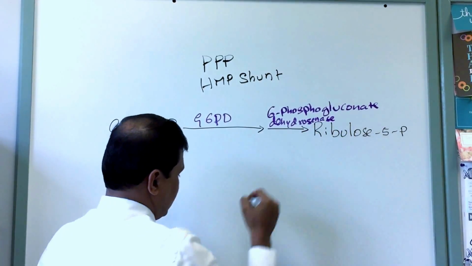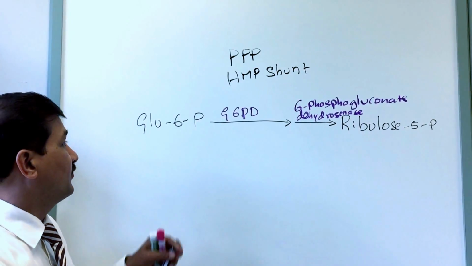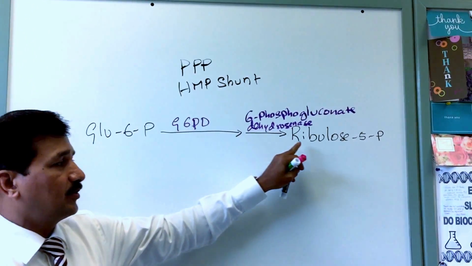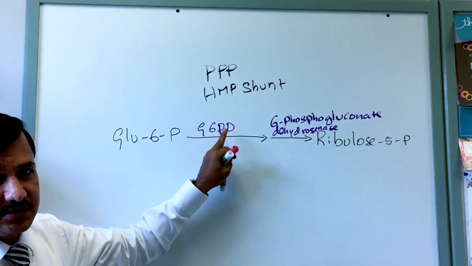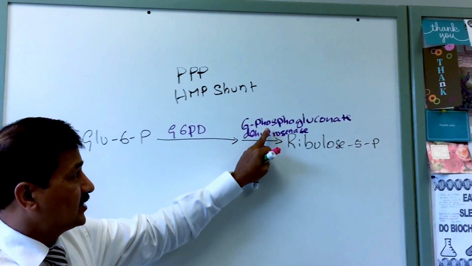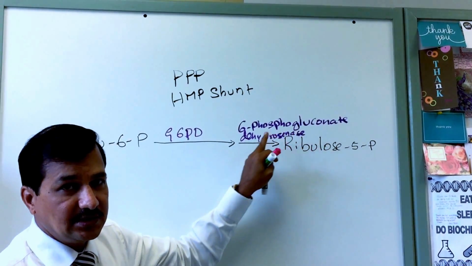So there are two enzymes in the conversion of glucose 6-phosphate into ribulose 5-phosphate. The first enzyme is glucose 6-phosphate dehydrogenase. The second enzyme is 6-phosphogluconate dehydrogenase.